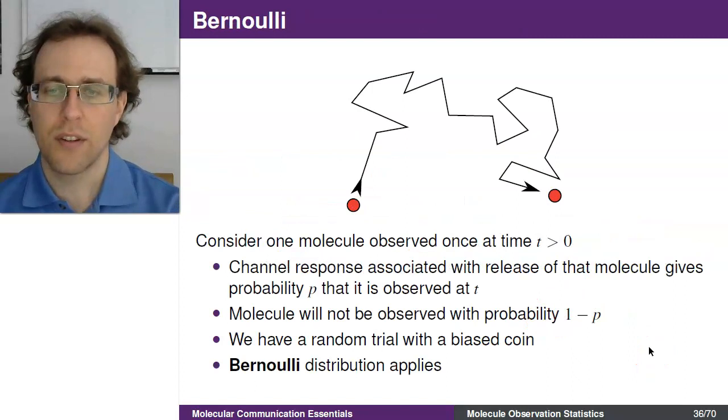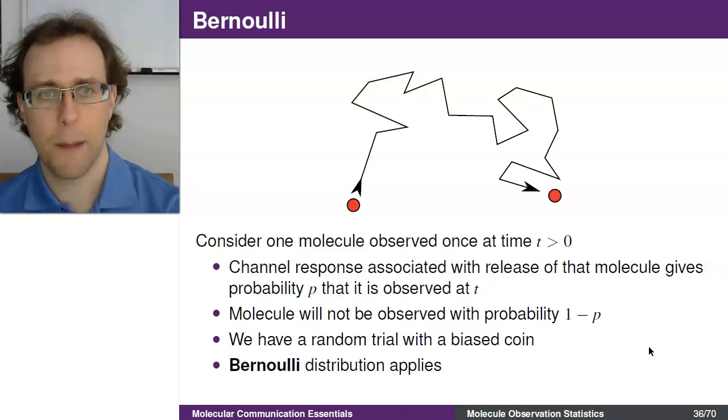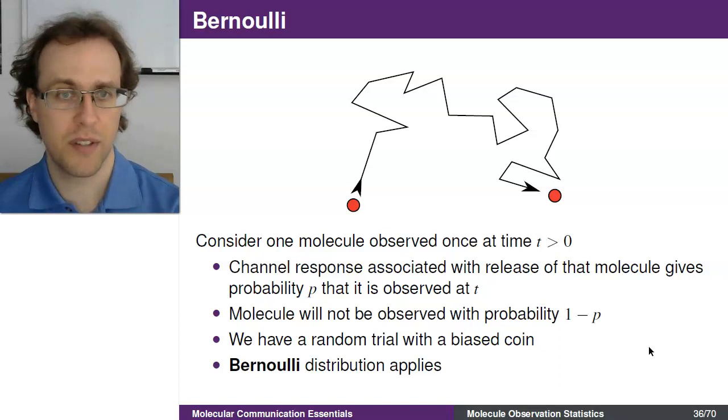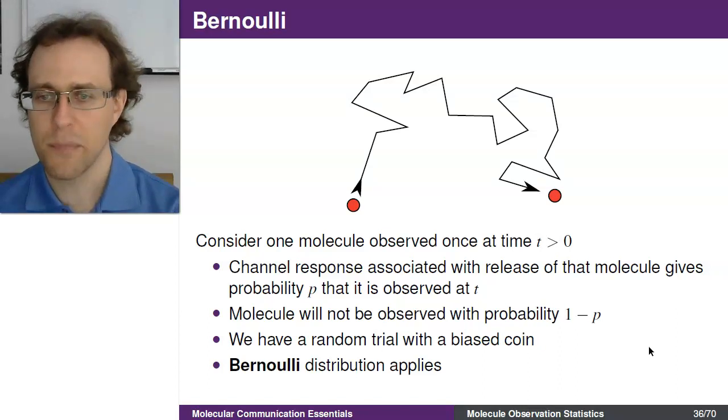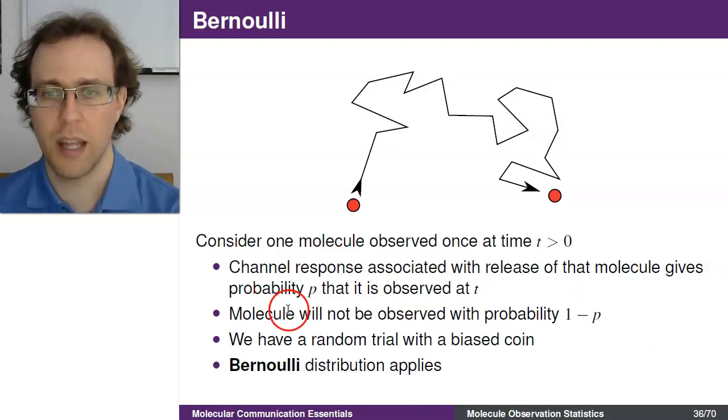Okay, so we'll start our discussion of random variables by assuming we have one molecule that's observed once at some time greater than 0, sometime after that molecule was released. We've already said that the channel response associated with the release of that molecule gives us the probability that it's observed at time t, and we're going to define this probability with parameter p.